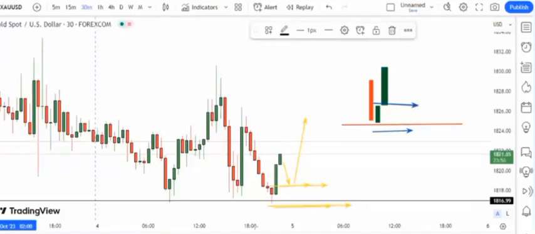All right, let's say price comes lower, it retests, right? Price does what it does, it comes lower, it retests, and then it gives you another strong bullish candle.